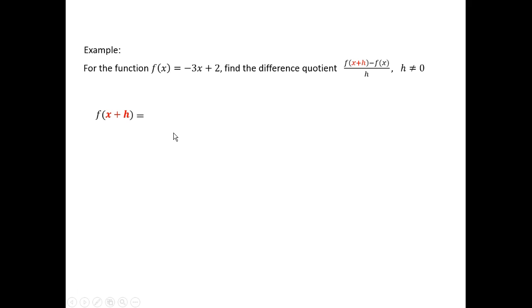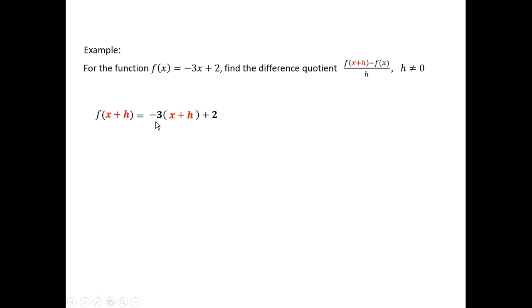So it's going to look like this: negative 3, open parentheses, plus 2. Now, what goes inside of our parentheses? Our x plus h. So negative 3 times x plus h plus 2.